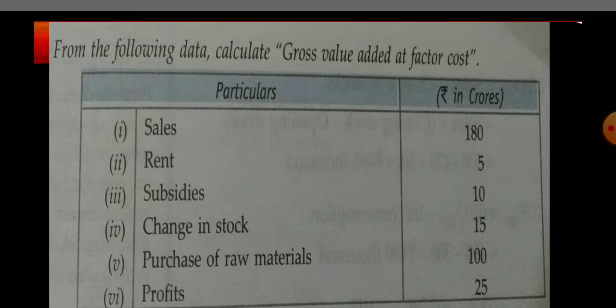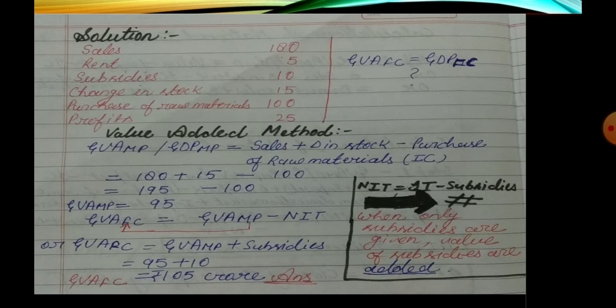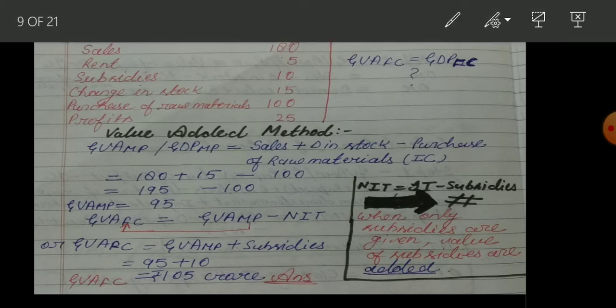Okay, so first of all, note down this question, otherwise take a screenshot. Okay, let me start. Here all these items are given in the question. What we have to find out? We have to find out GVA FC, it means GDP FC. So first, when we use value added method, we are able to find out GDP MP or GVA MP, and here value of output is not given.